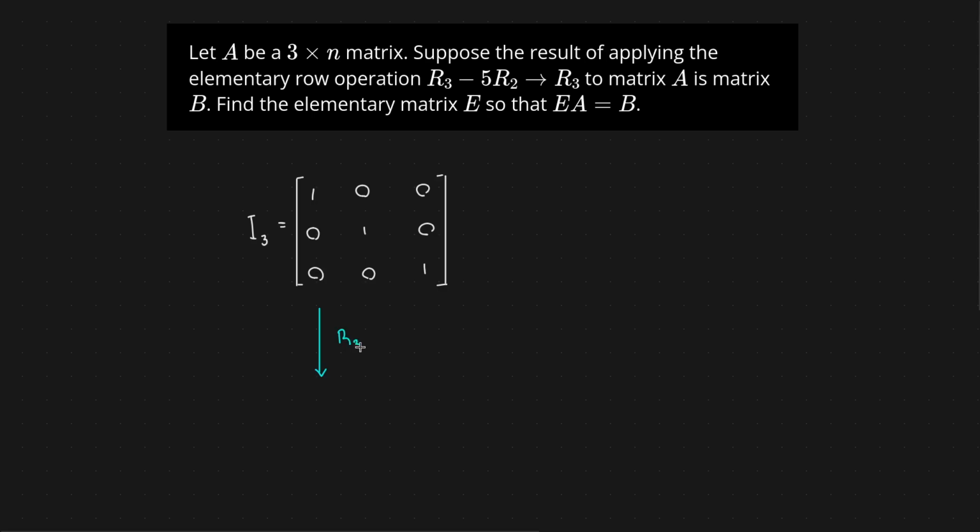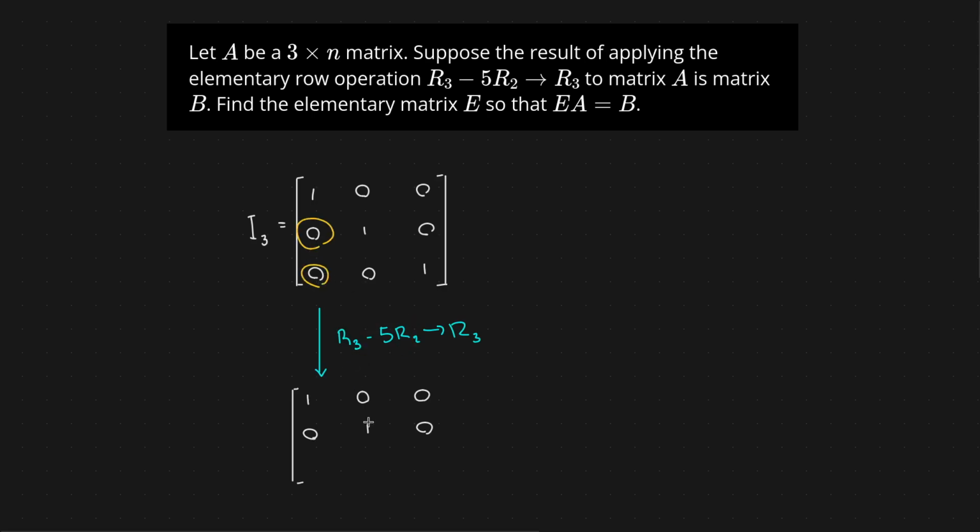So R3 minus 5R2 into R3. The only row changing here is the third row. So row 1 and 2 will stay the same. For row 3, I'm going to take row 3 and then subtract 5 times row 2.